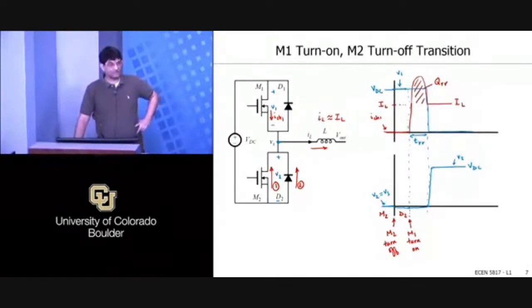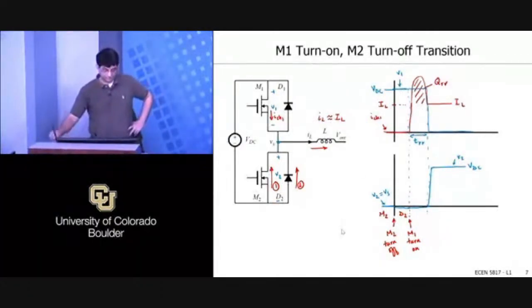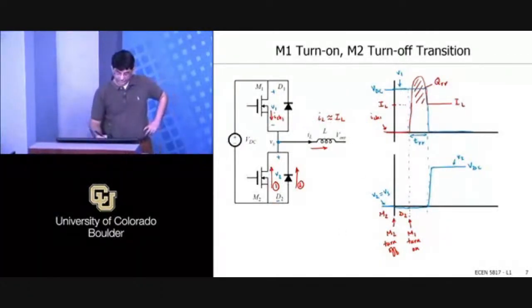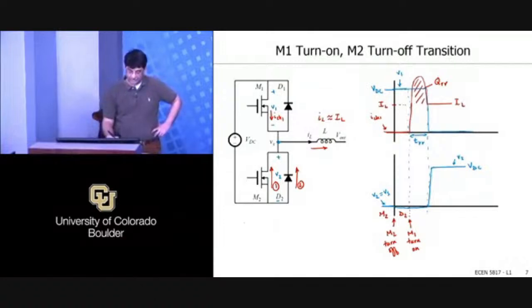Now, do we have loss? Which device has loss? M1, the MOSFET. M1 has loss because you have voltage and current at the same time, and we can calculate that loss. We'll call this energy. First, let's just calculate the energy that goes into it. We'll call that E on.